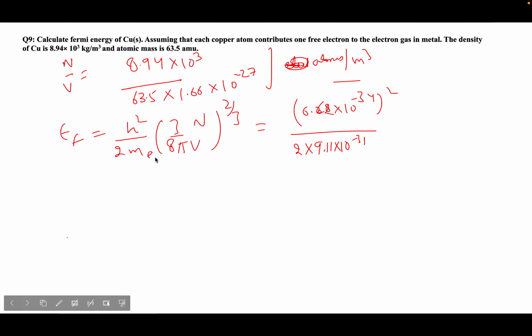This is the mass of the particle, and here we have an electron, so we need the mass of the electron.